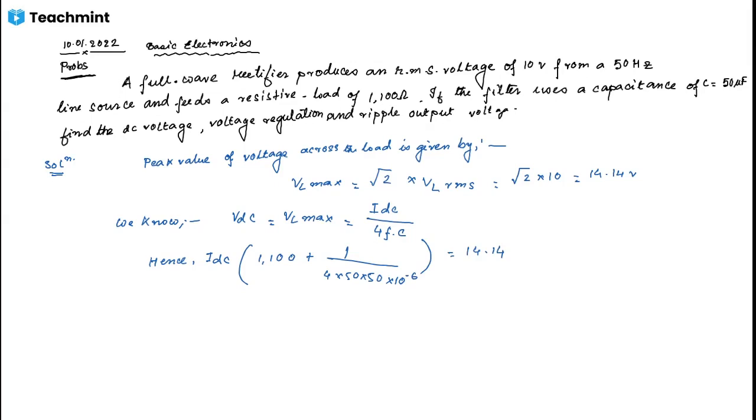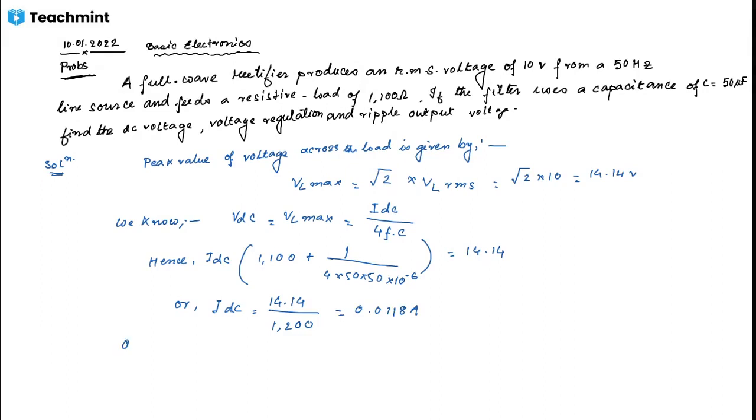Or we can write IDC equals 14.14 by 1200, that is equal to 0.0118 ampere.